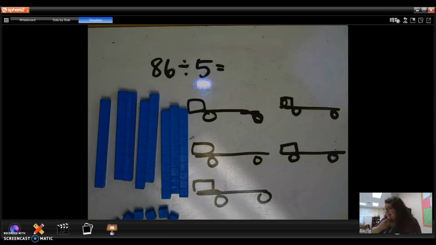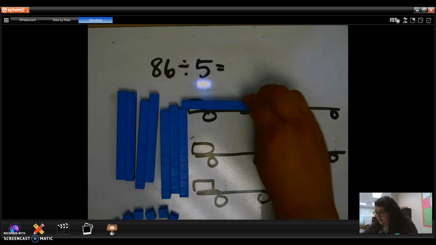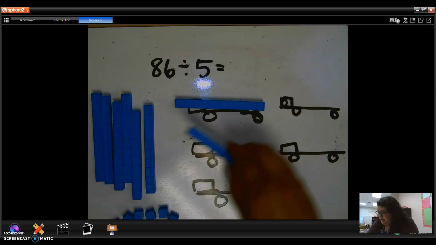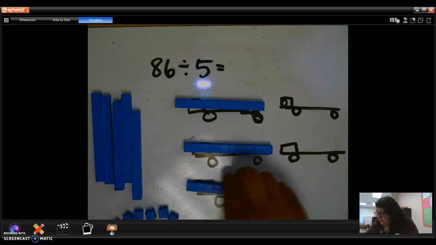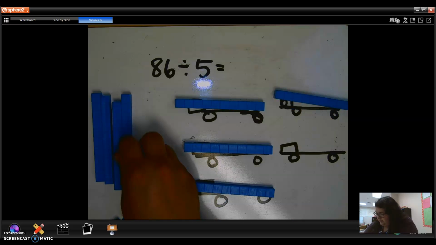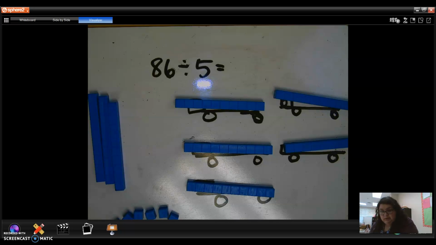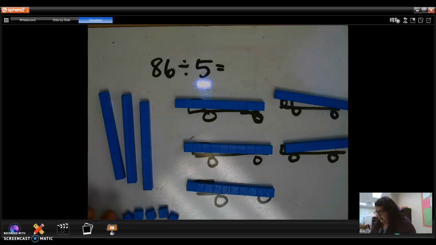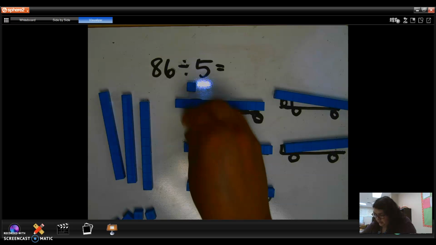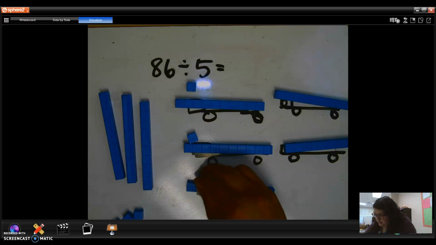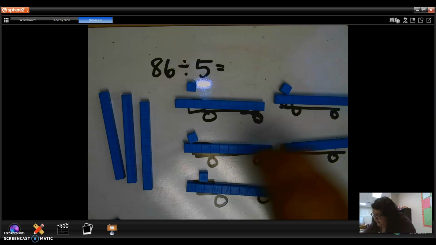Now, in this situation, I have 5 trucks, so I can fit a rod on each truck. So 1, 2, 3, 4, 5, right? And I can fit a unit on each truck. 1, 2, 3, 4, 5.